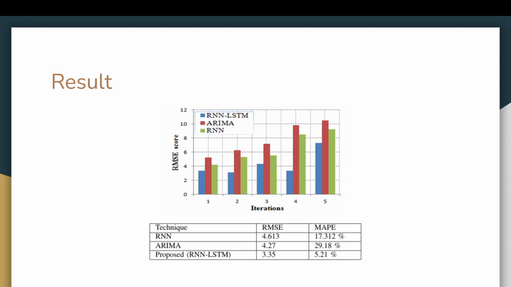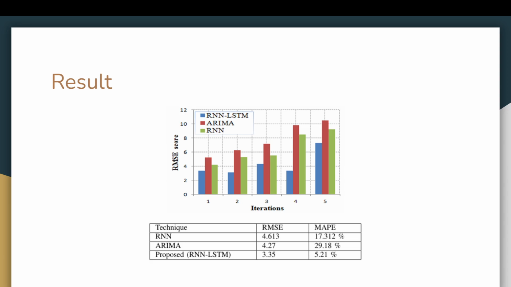And in the table, the RMSE of RNN, ARIMA, and LSTM are 4.613, 4.27, and 3.35 respectively.